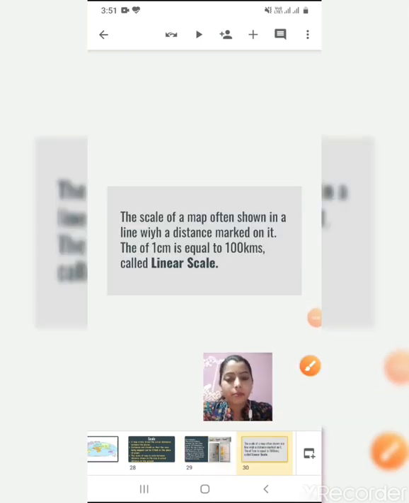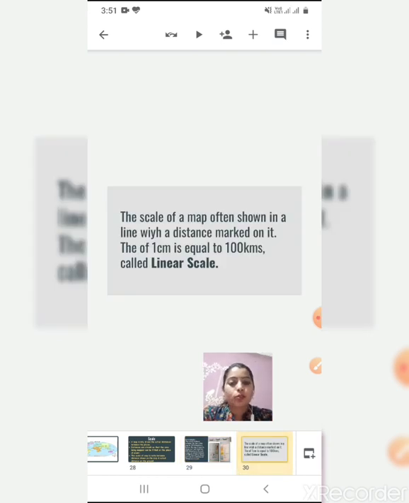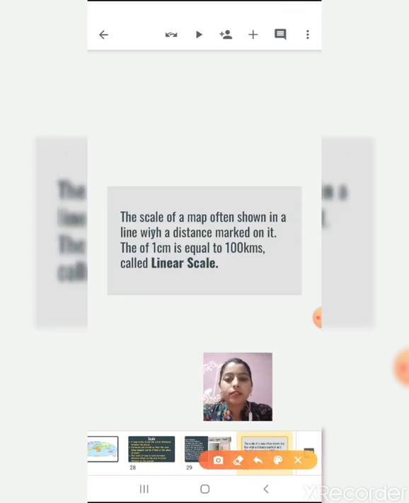Whenever you see a map, there is always a scale. That scale describes the distance between two places. That scale is called a linear scale. The scale of a map is often shown as a line with distances marked on it. Alright?